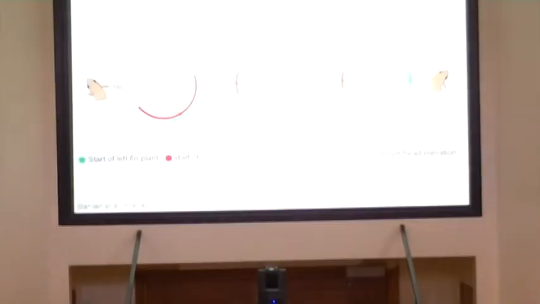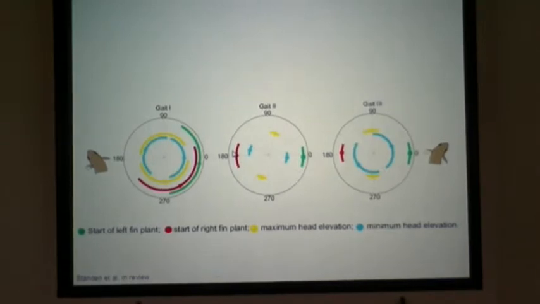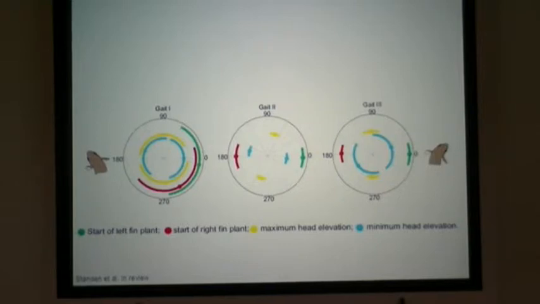The middle one here shows just a few variables that we were recording, and these variables are things like the start of the fin plant, end of the left fin plant, right fin plant, head, maximum head elevation, minimum head elevation. Gait 2, that one I showed first, has very tight bars, and what this means is that there's very little variation going on when it's walking.